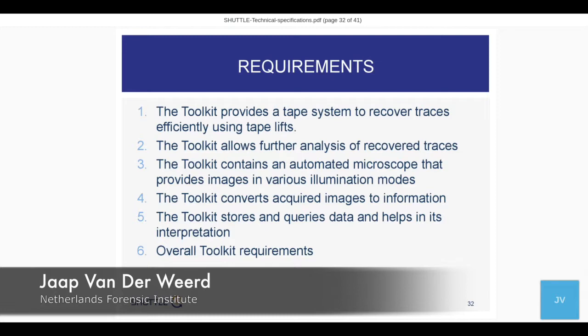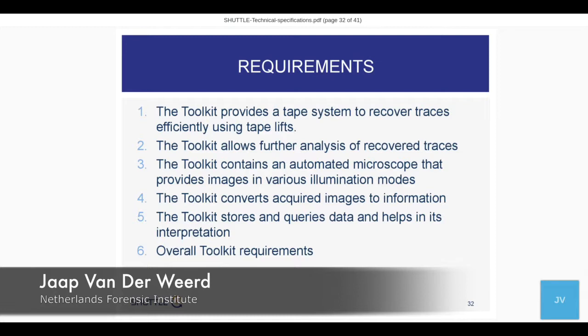5 is the database thing. So they're combined. The database setup and the data representation. So the extraction, the queries of the database, they are combined in the 5th toolkit. In the 5th requirement, it stores and queries data and helps in interpretation. So that's the main thing, of course.